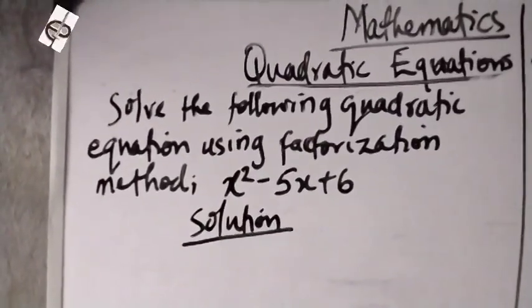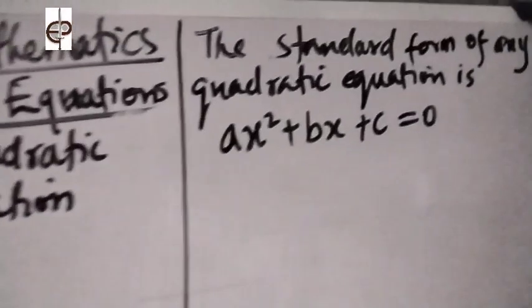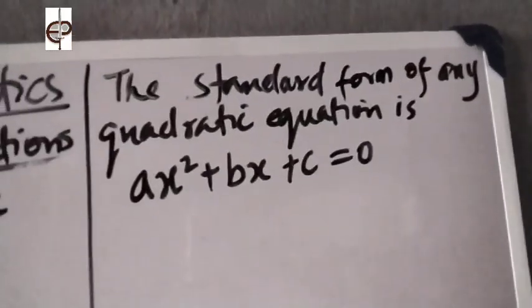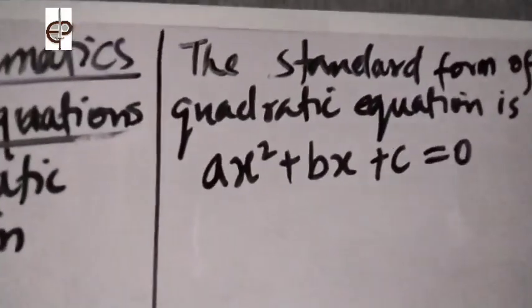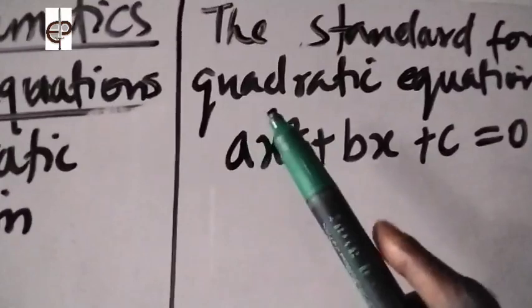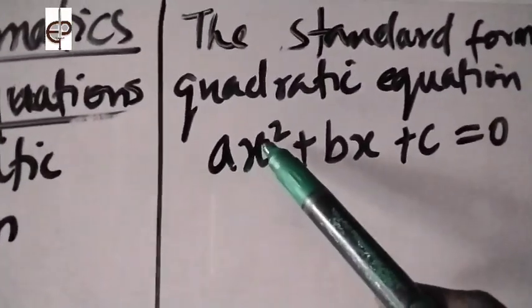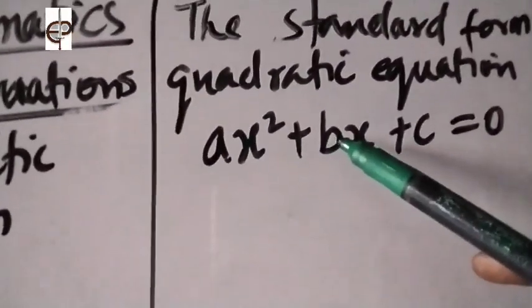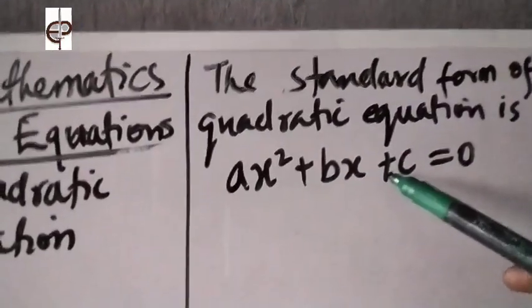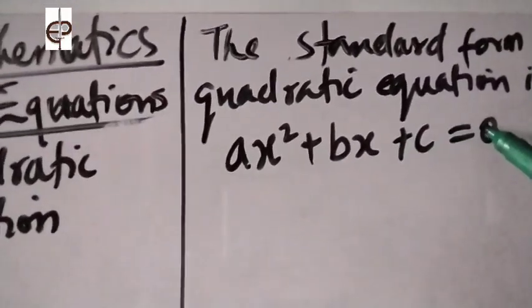And before we do that, I would like us to just see the standard form of any quadratic equation. The standard form of any quadratic equation is ax squared plus bx plus c equal to 0.